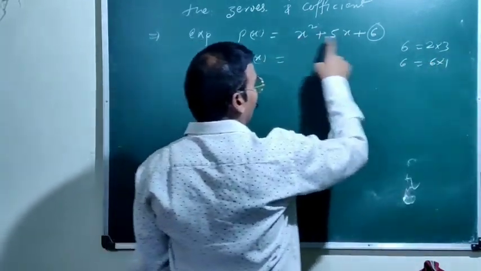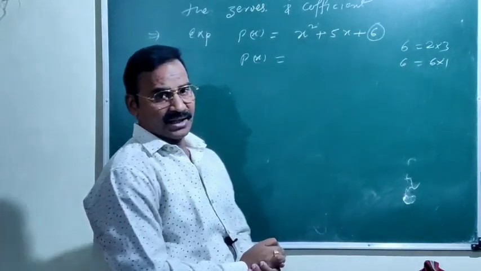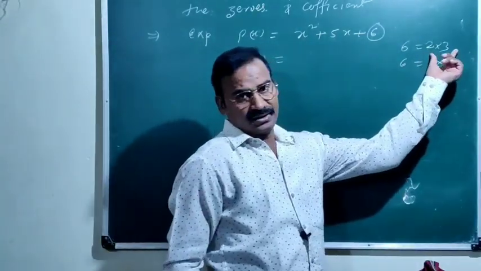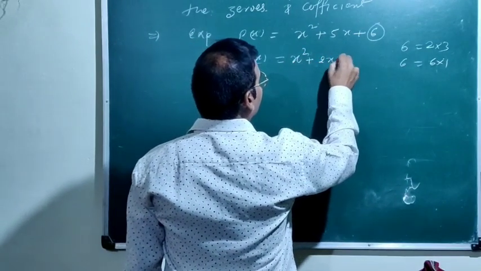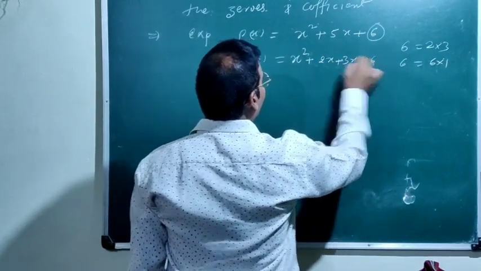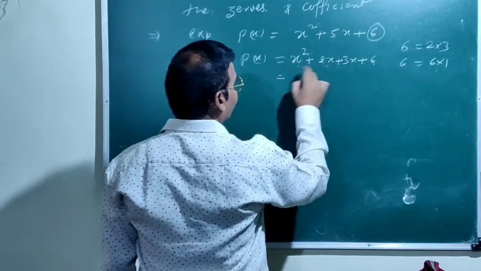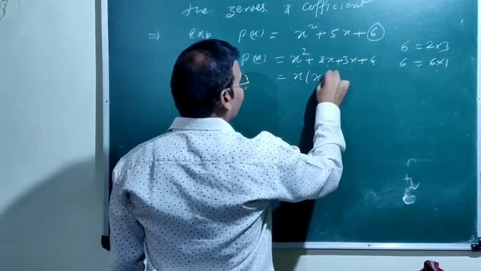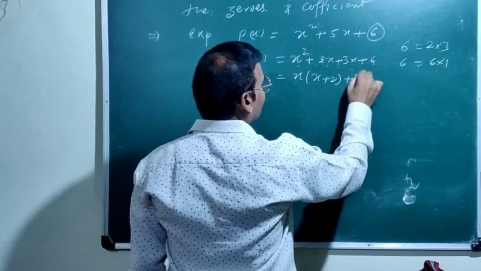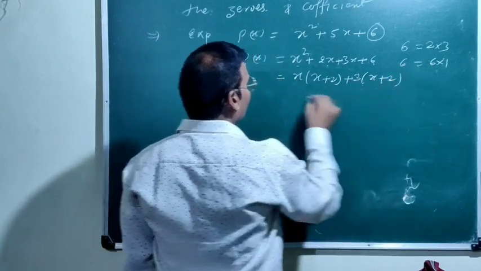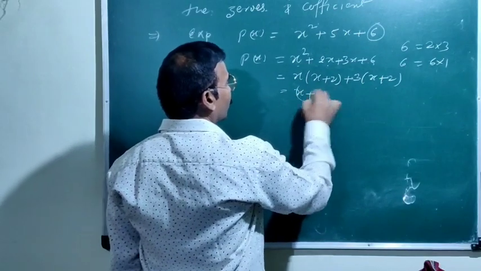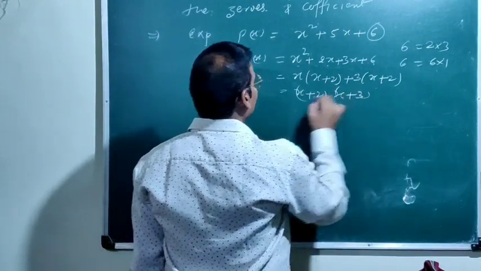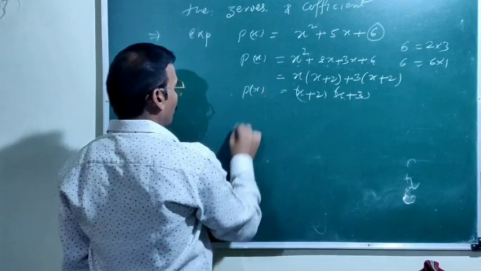If all terms are the same sign, take 2 and 3. Now x square plus 2x plus 3x plus 6. Take the common factor from the first two terms, x plus 2, and then x plus 2 from both terms. So (x plus 2)(x plus 3) is the value of p(x).